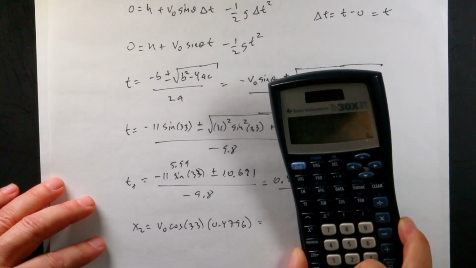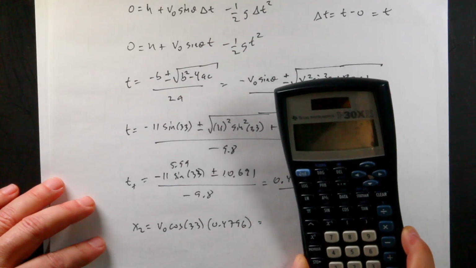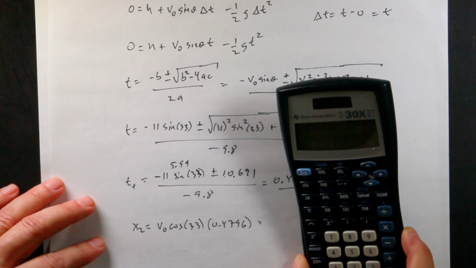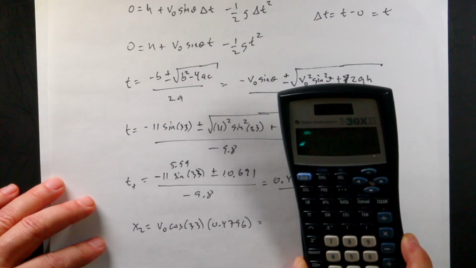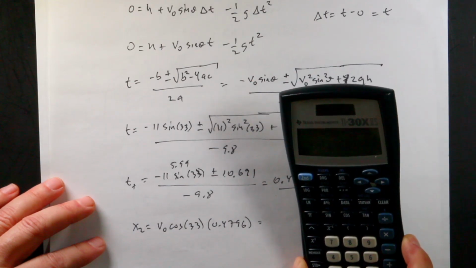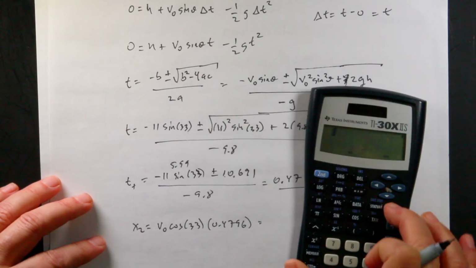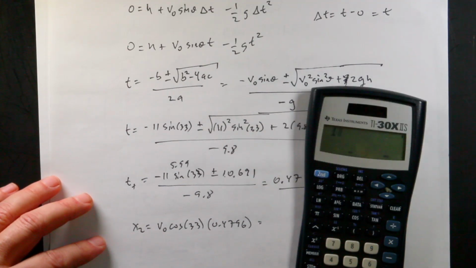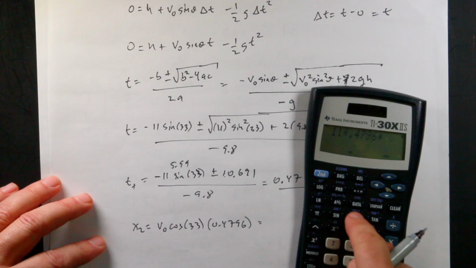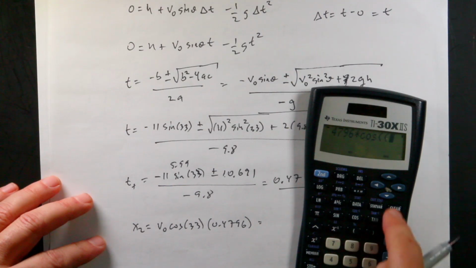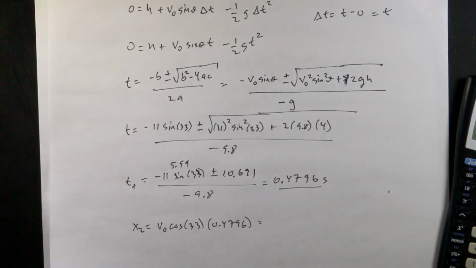And I get 4.4. That can't be right. Clear. Okay, let's say 11 times 0.4796 times cosine 33. Huh. I know that's not the right answer. Okay, well, I made a mistake somewhere. You know what? I'm going to proceed, and then I'll fix this.